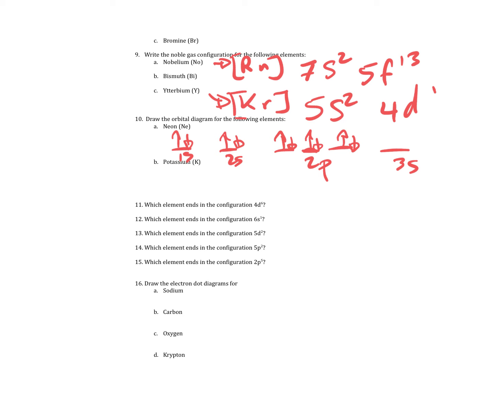I just did that to note to you that on the test, if you have more than enough space, you don't have to fill them all in. You just fill them enough to get to your number. Potassium is K, number 19.